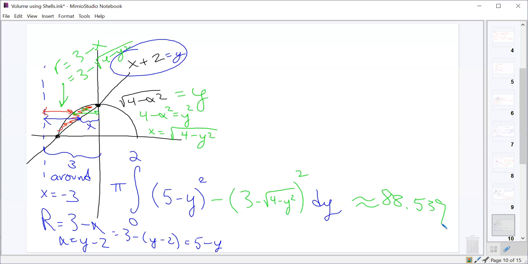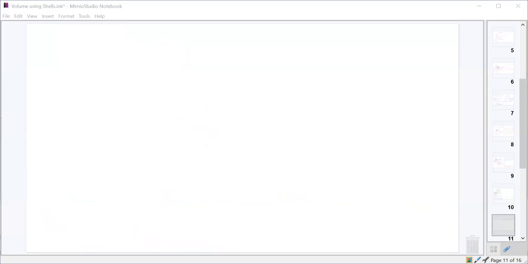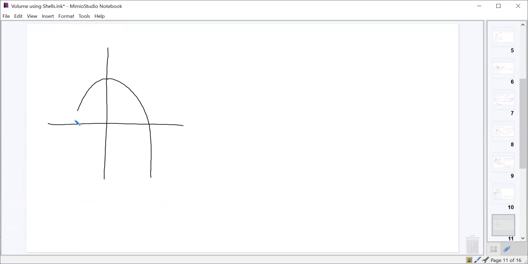Let's do one more. Let's do some different functions this time. Let's do 4 minus x squared.